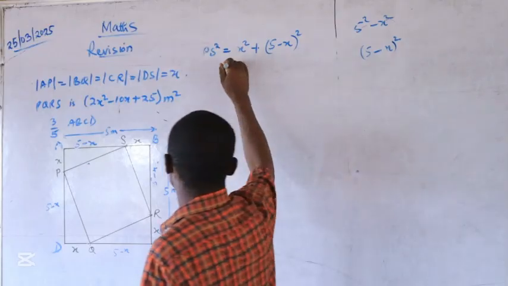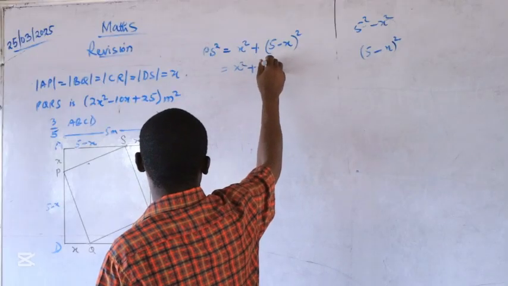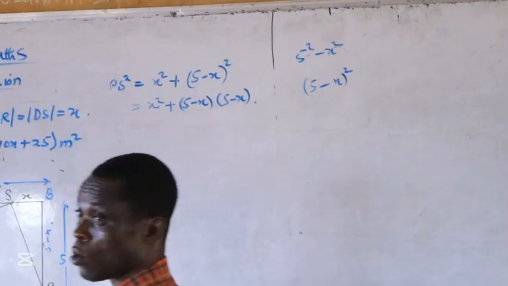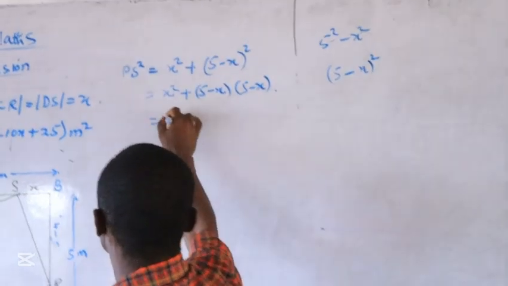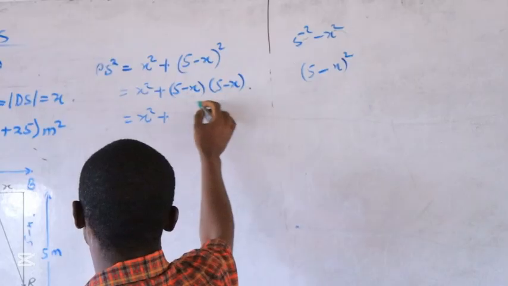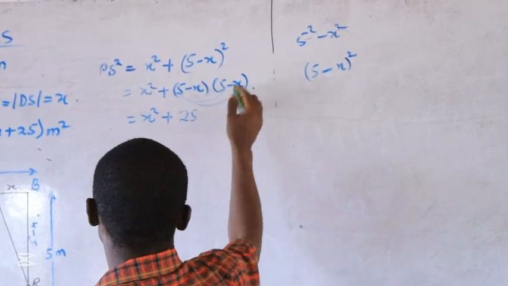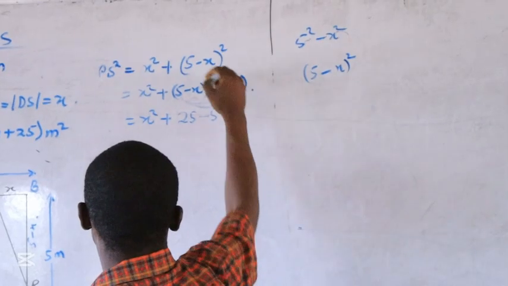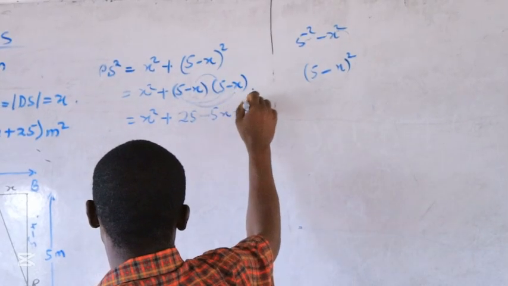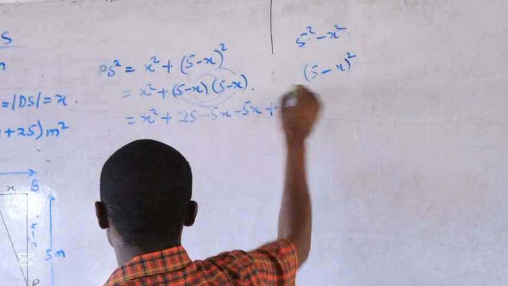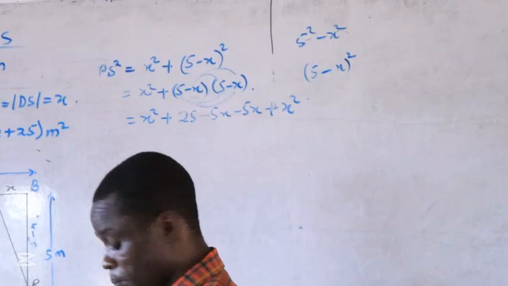So we now have this as x squared plus 5 minus x into 5 minus x. Then we have x squared plus, when we expand this, 5 times 5, 25, 5 times minus x, minus 5x, minus x times 5, minus 5x, minus times minus plus x times x, x squared. Are you with me? Right.